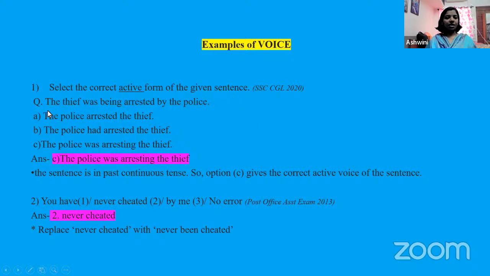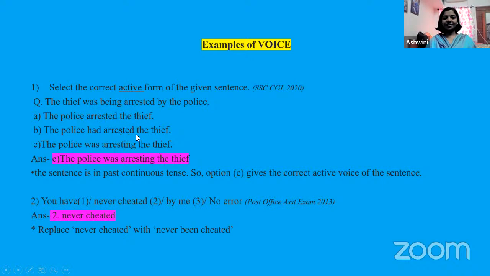Recent question hai. Then the question is that the thief was being arrested by the police. The number 1 alternatives are there. The police arrested the thief. The police had arrested the thief. The police was arresting the thief.